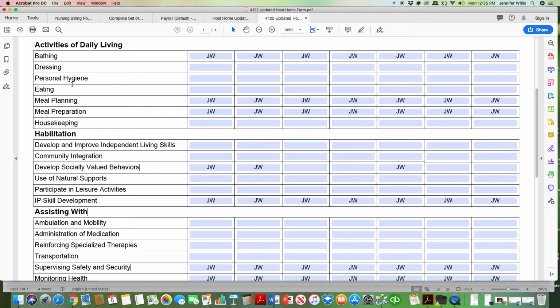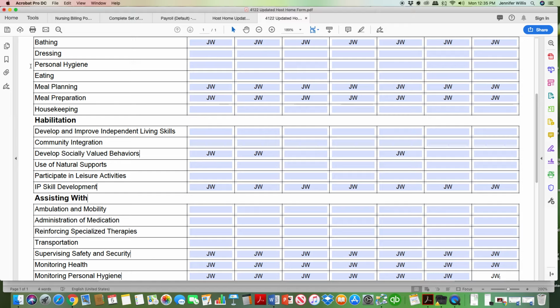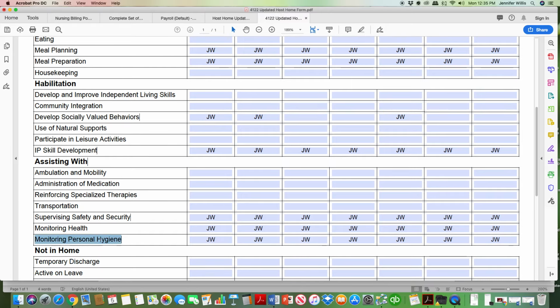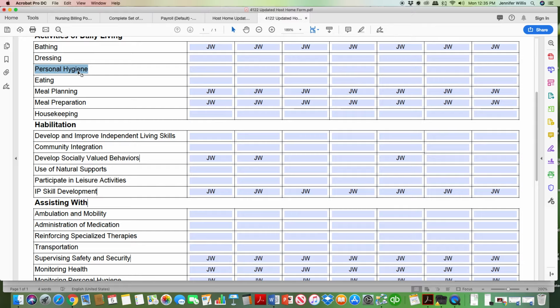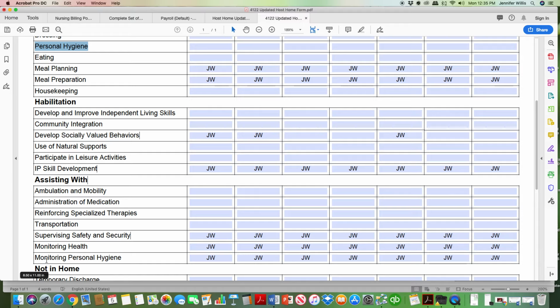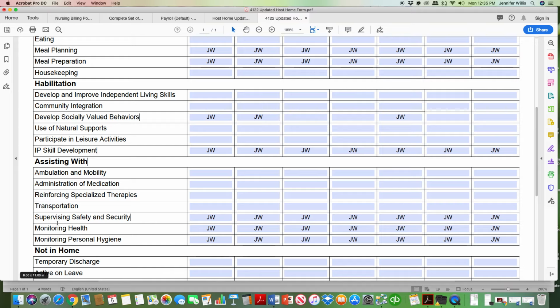If you assisted with personal hygiene at the top, you don't necessarily have to monitor it here, because personal hygiene there really indicates that you've almost done a one-on-one, hand over hand with that individual, whereas personal hygiene here really means that I'm monitoring it. I don't need to actually go into the restroom with an individual and provide assistance with personal hygiene.